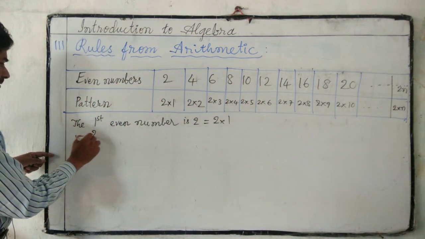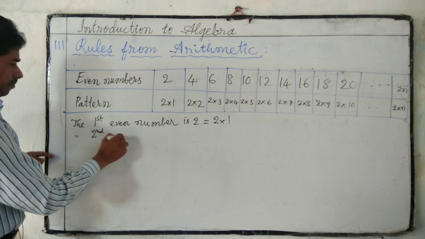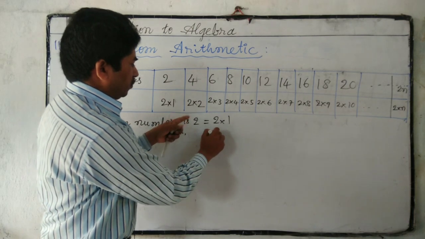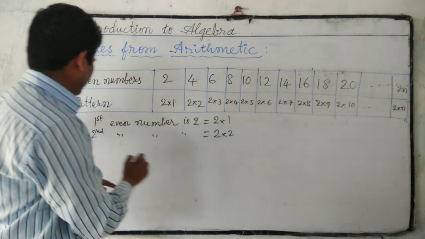The second even number is 4, 2 twos are 4.